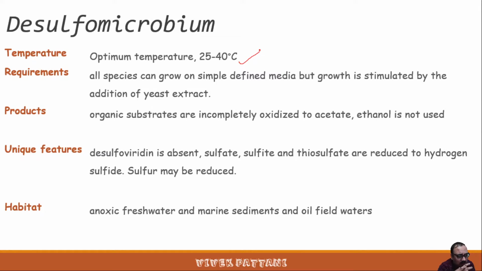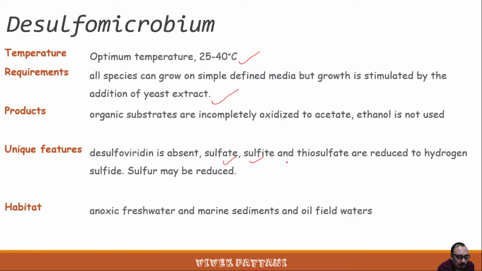They can grow in simple media, but growth can be stimulated by using yeast extract. Organic substances are incompletely oxidized to acetate, and ethanol is not used. Desulfoviridin, a pigment found in other sulfate reducers, is absent in Desulfomicrobium.